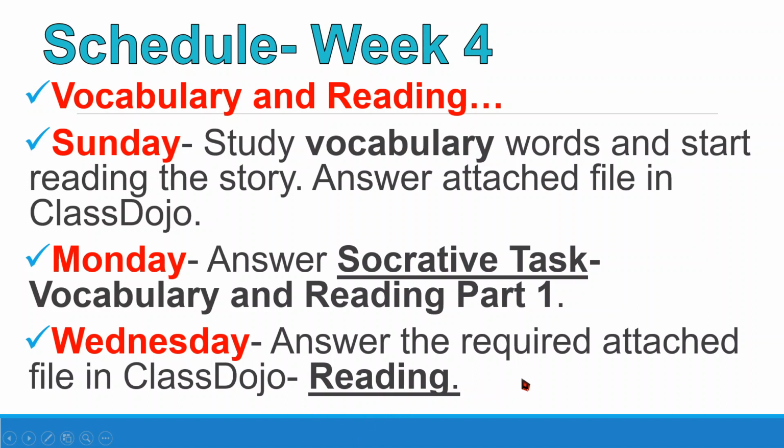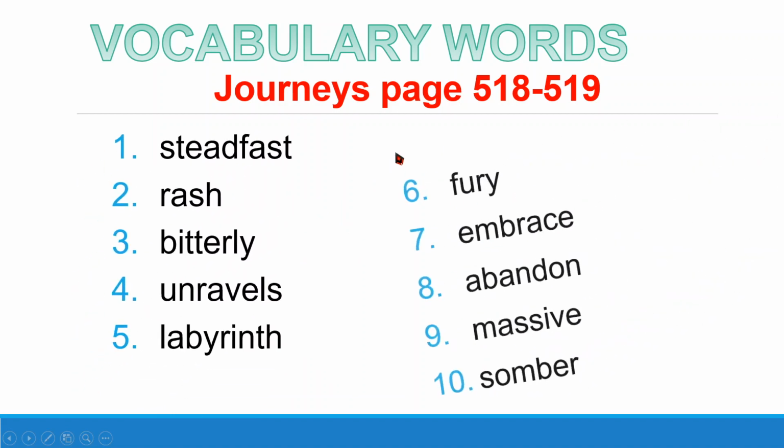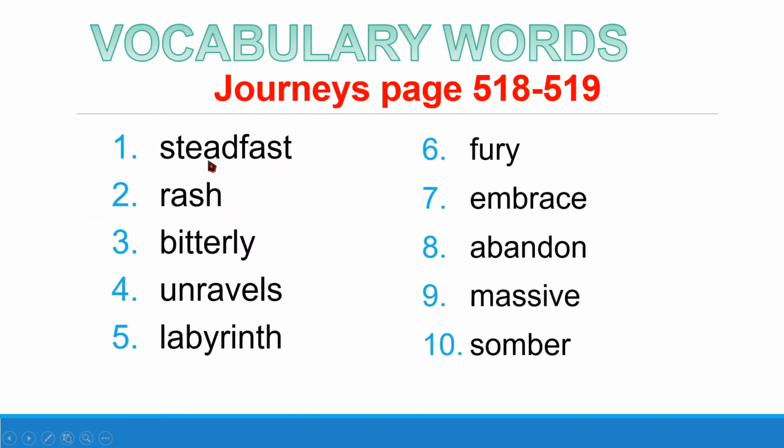Okay, so let's dive into the vocabulary words. This is on pages 518 to 519 in your Journeys book. Let's start reading. You're going to read with me. Number 1, steadfast. Number 2, rash.